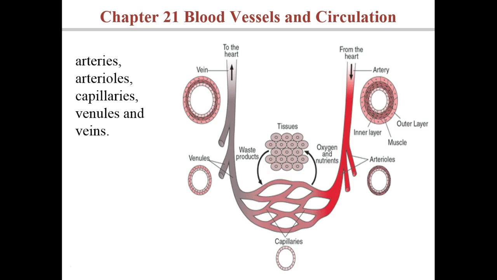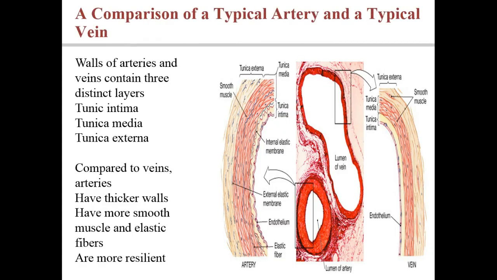These circles are not to scale. Arteries are much larger than capillaries, but it's a pretty good explanation of layers of tissue. You have an outer, an inner, and then a muscle layer, and we will learn more about those with regard to the walls.